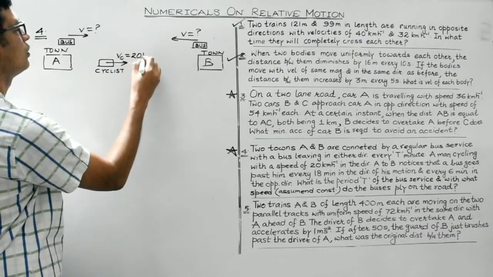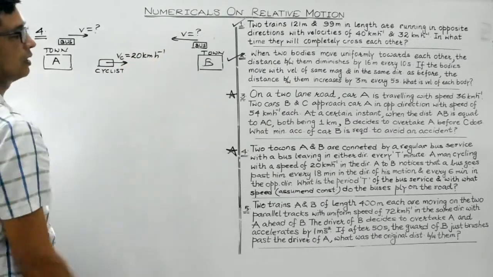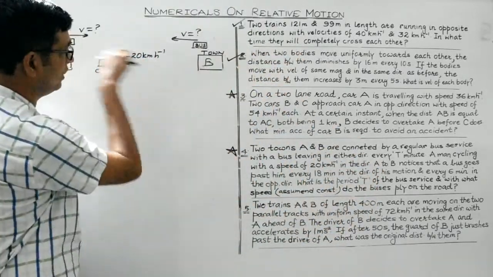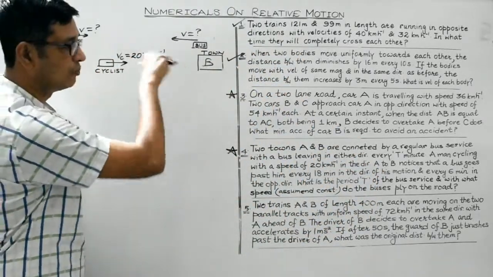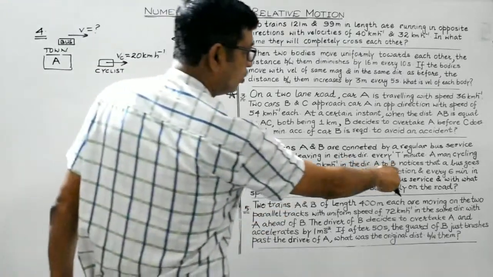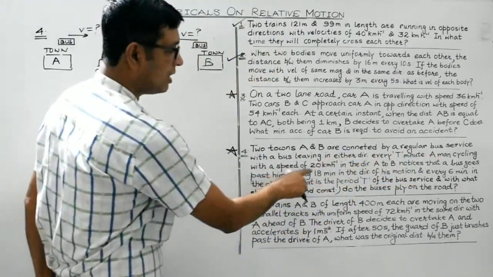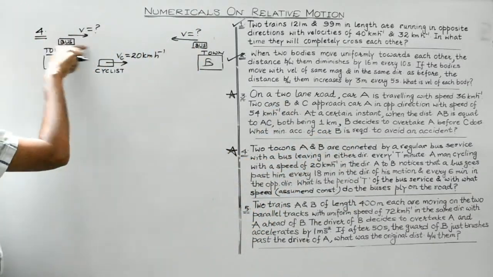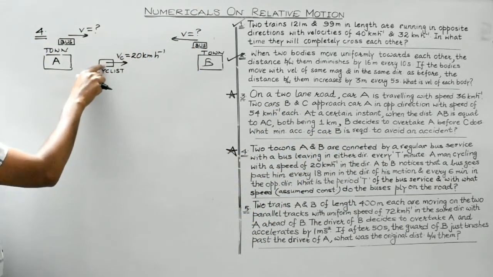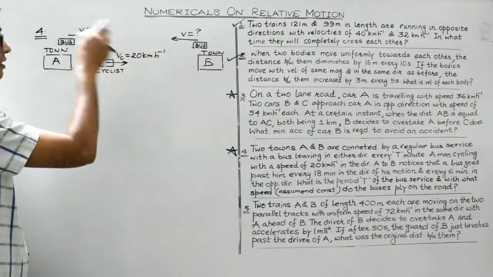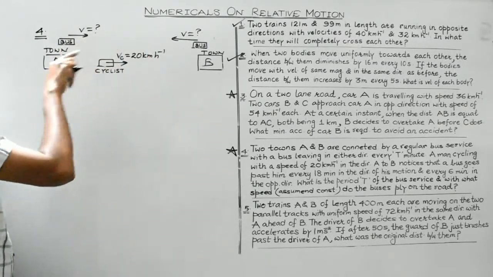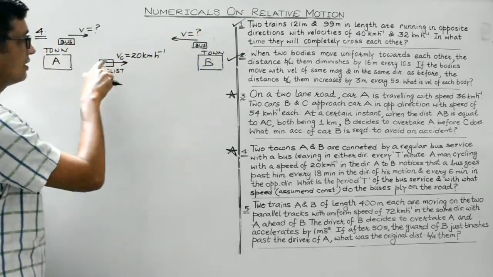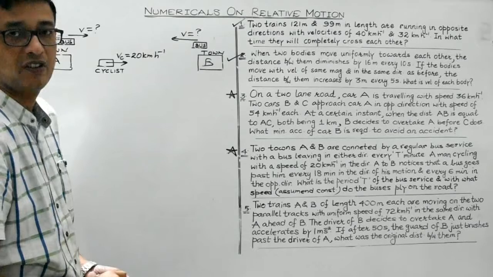His speed is 20 km per hour, and in the direction from A to B. In this direction, the cyclist is moving, and he notices that a bus goes past him every 18 minutes in the direction of his motion. So when a bus crosses him, he notices that after every 18 minutes, a bus tends to cross him, right? When the bus is in the same direction as his direction of motion, right?